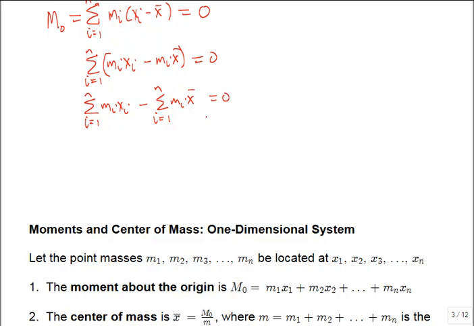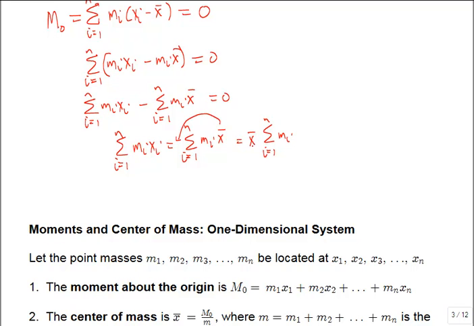And since this is equal to 0 because we're in equilibrium, let's just go ahead and add this sum over to the right-hand side. And this x bar is a constant. It's independent of i. So you can think of pulling that x bar out. So this is like x bar times the sum from 1 to n of m sub i.